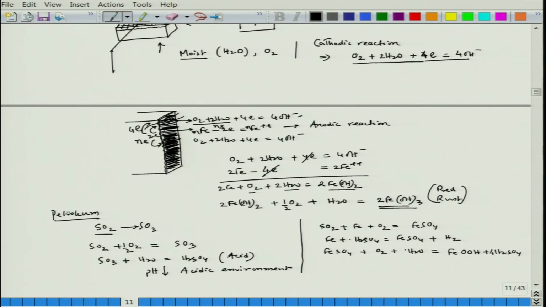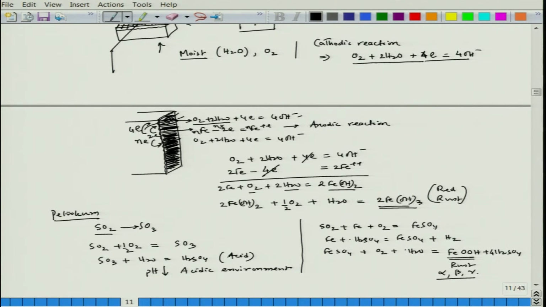Okay. So, this is also a possibility. Now, this is also a rust, and we will see later that it has different forms, alpha, beta, gamma. So, these are the forms of FeOOH.